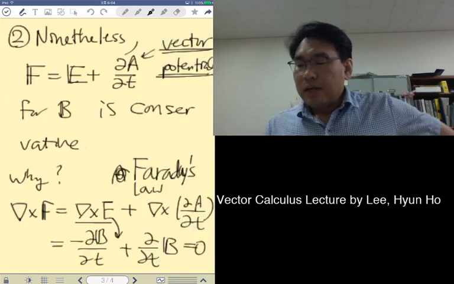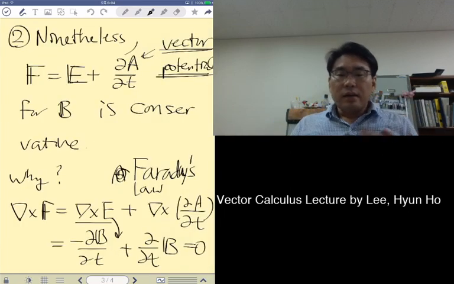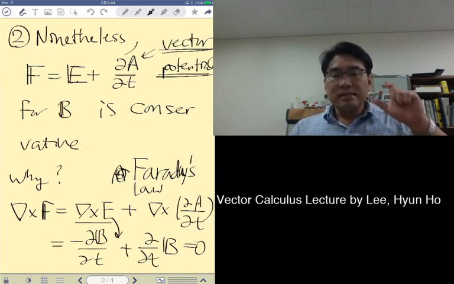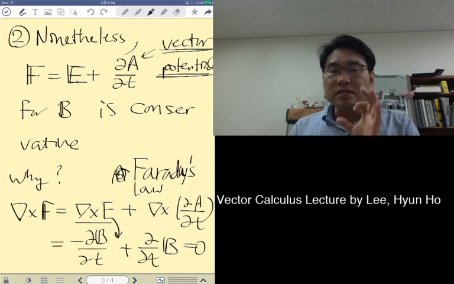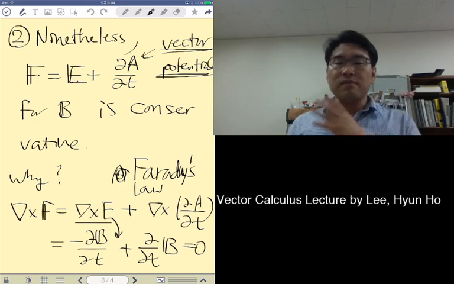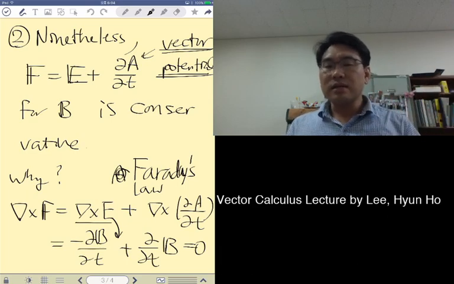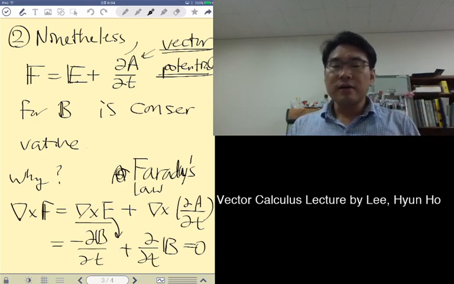And even though this induced electric field is not conservative, we can still seek a conservative vector field.